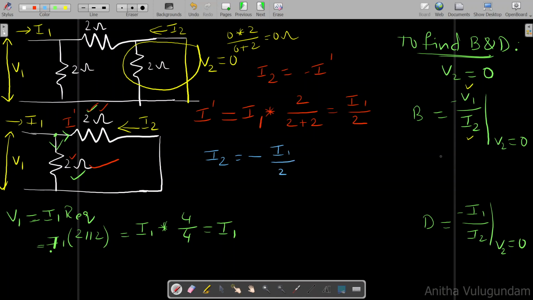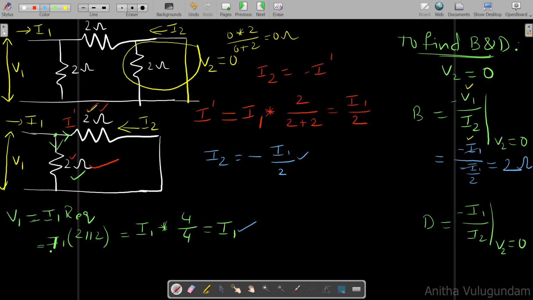By substituting these two values, B equal to minus V1, that is minus I1, divided by I2, which is minus I1 by 2. I1 gets cancelled, B value equal to 2. And it is V by I, impedance, so the unit is 2 ohms.